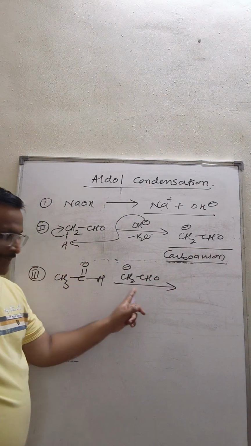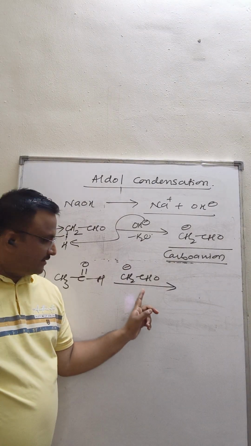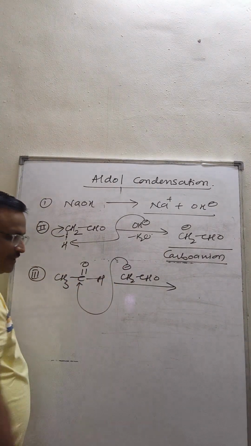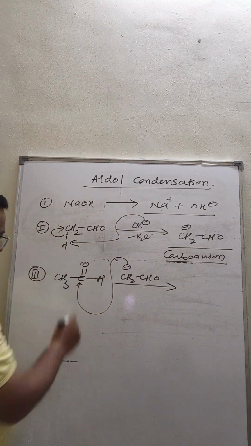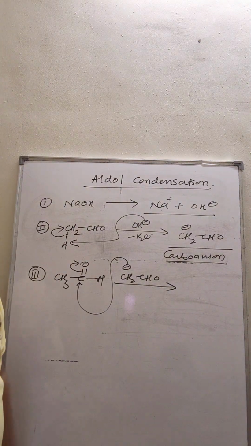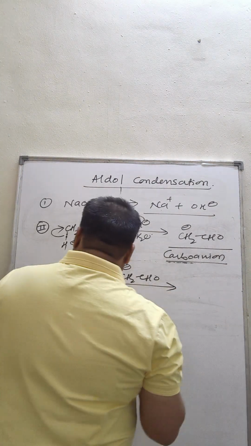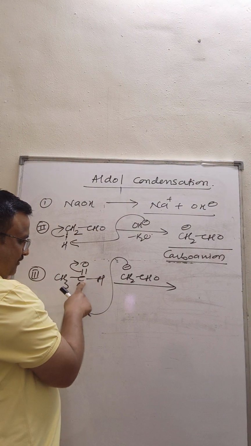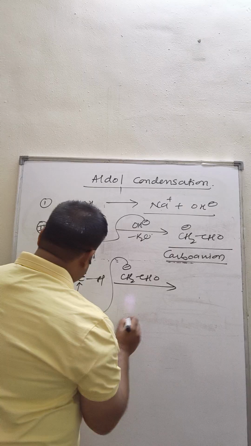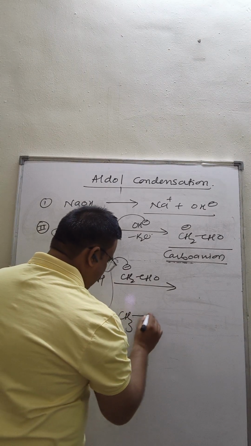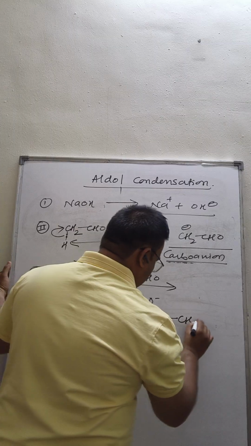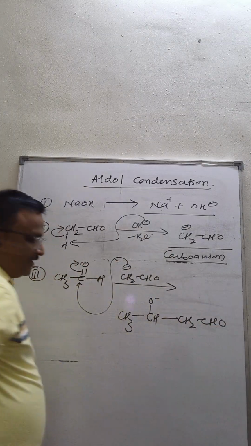This acts as a nucleophile, and that will attack this carbonyl carbon. One of the pi bonds gets shifted toward the oxygen atom. Now this carbon gets bonded with this carbonyl sp2 hybridized carbon atom in this manner. Look, CH3 CO negative H, and here we have CH2 CH.